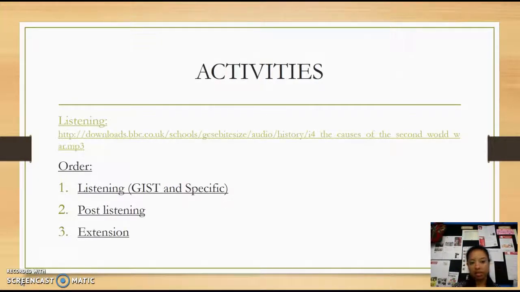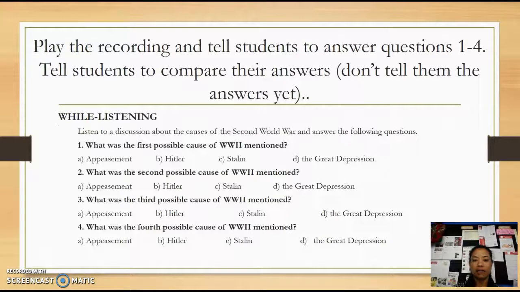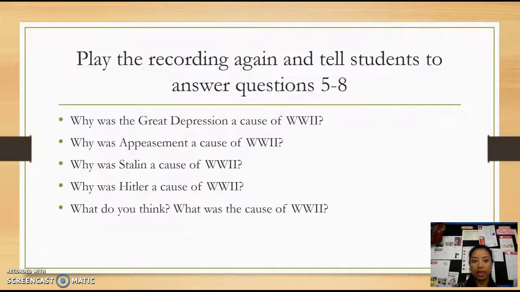So basically on the activities, you have here in the link, as you can see, the listening. And then the order of the activities will be a listening for general and specific information, a post-listening, and then an extension. So here they have the general listening. Then they will be doing the specific one.